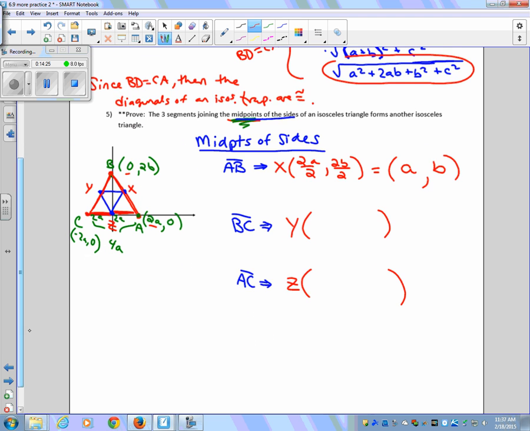The midpoint of BC: we add the x's again, 0 and negative 2a, which is negative 2a over 2, and then 2b and 0 is just 2b over 2. That's going to be (negative a, b). And the midpoint of AC: if we add 2a and negative 2a, we get 0. If we add 0 and 0, we get 0. And Z is just the origin, (0, 0).